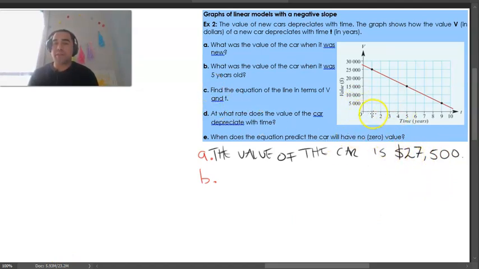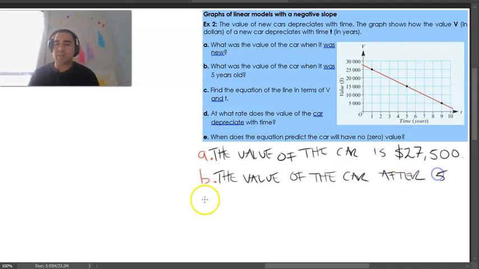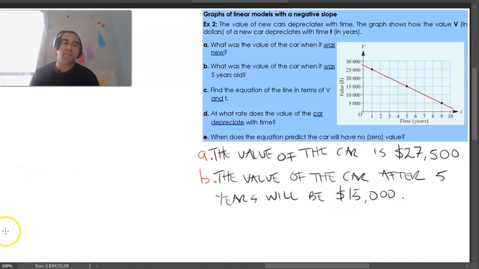So at 5 years, the time frame 5 years, the value of the car after 5 years will be, and again, just matching it up to where it hits the 5 years, remember the context, $15,000.